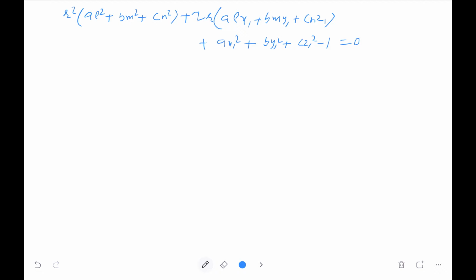So it is a quadratic in r, which will give us two values of r. What does that mean? That there are 2 points of intersection of a line and a conicoid.